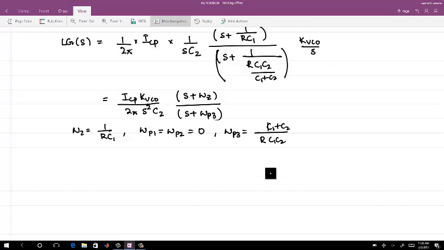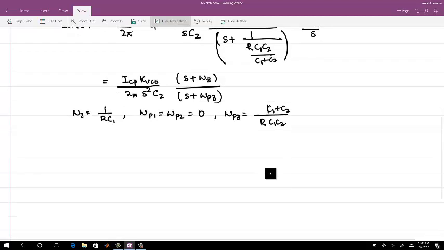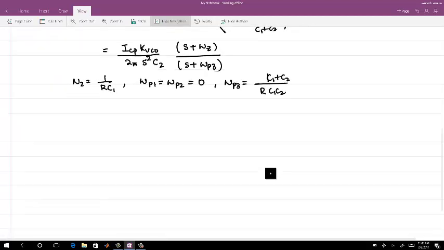So now the thing is, how do we place all these poles and zero to get a desired gain and bandwidth for the PLL? Okay, and this is an open loop gain. So let me just plot the loop gain in terms of omega z and omega p.